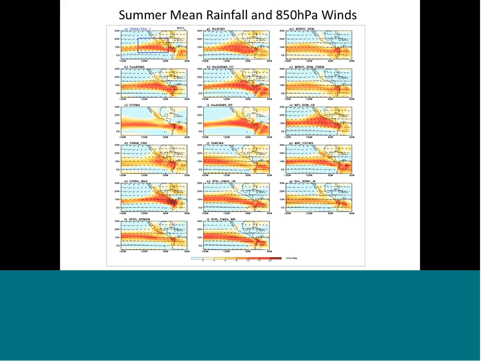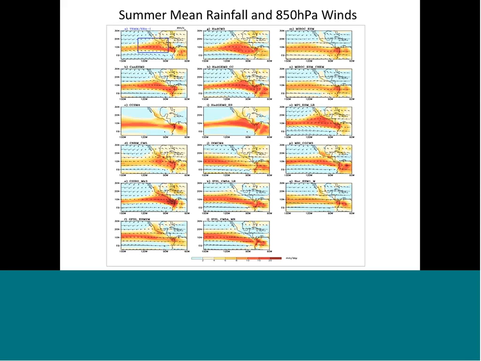So firstly, we evaluate the summer mean rainfall pattern, which is shaded here, and 850 winds, which is vector. The left upper panel is observation, and the others are the model simulations. We can see that over the Eastern Pacific, the observed rainfall pattern is mainly characterized by elongated ITCZ belt, as well as the North American monsoon.